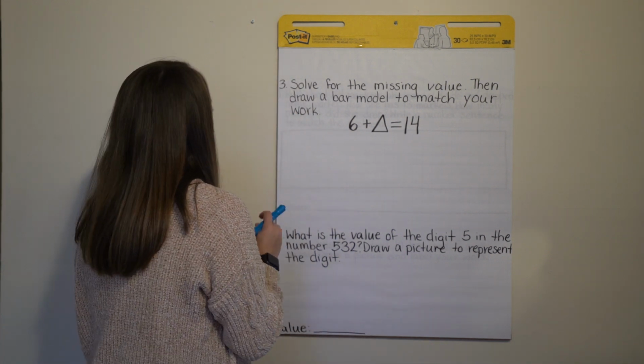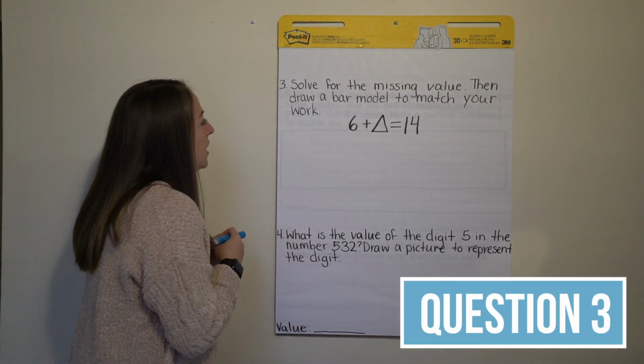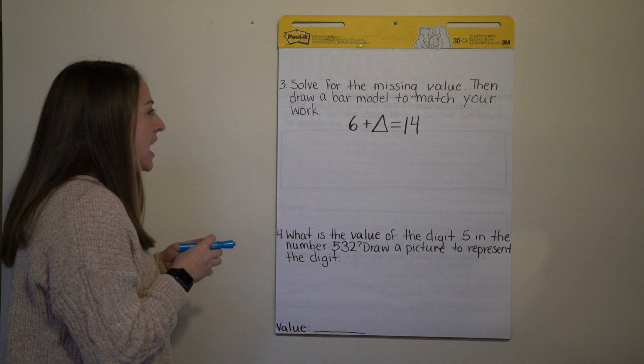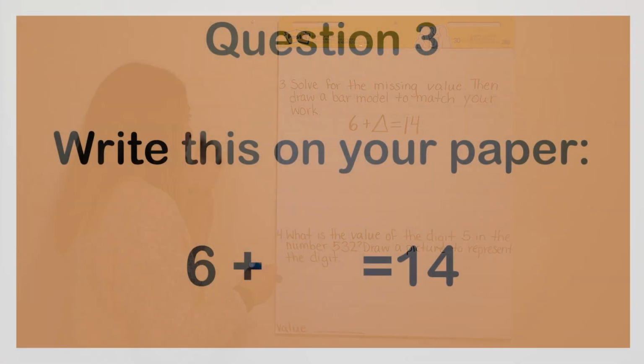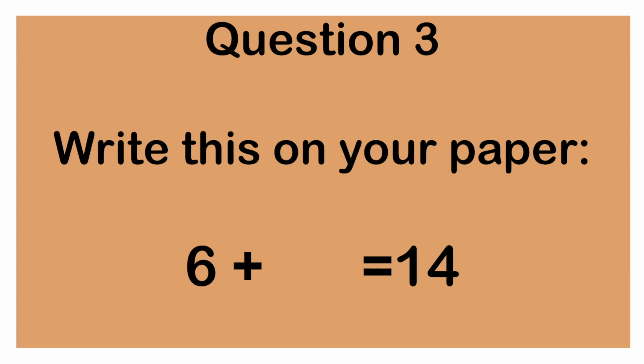Okay, so we're going to move on to question 3. Take the time to write this out on the back of your paper that you were working on. As you're writing, I'm going to read the directions. Solve for the missing value.